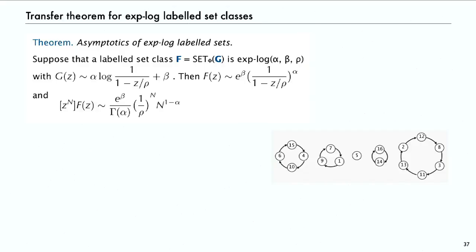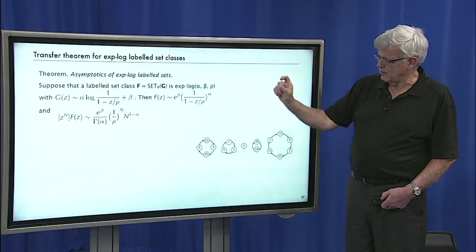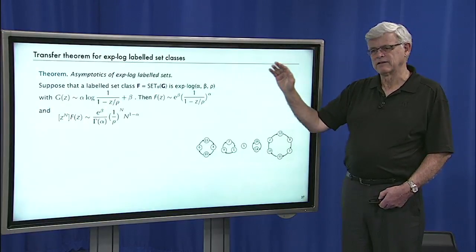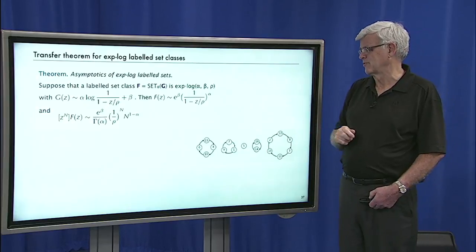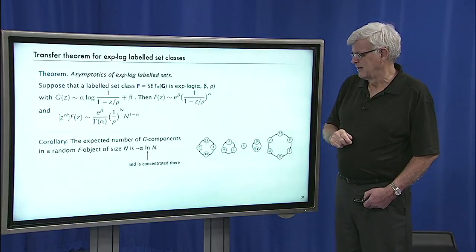If that's true, then just doing the transfer through the exponential, f of z is approximated by e to the beta times 1/(1 - z/rho) to the alpha, which again applying standard function scale transfer gives the coefficient of z to the n in f of z. So you just have to figure out those parameters alpha, beta, and rho that the generating function for G is approximated for, and you have the coefficient asymptotics.